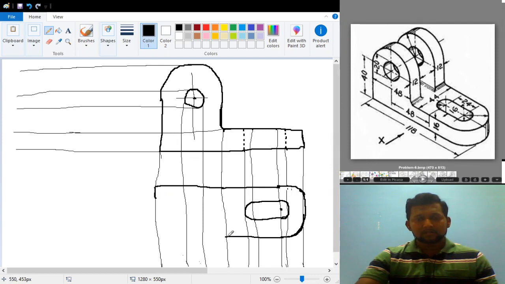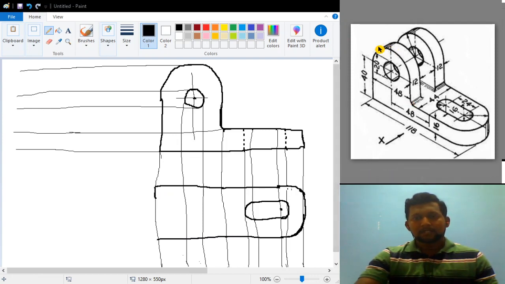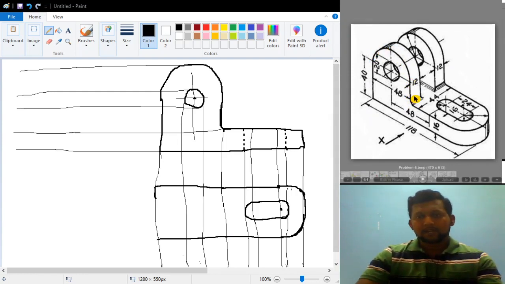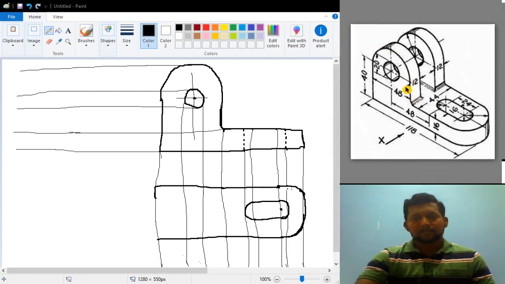And from here also, this line which I have drawn is nothing but the front portion curve. So I have just drawn a vertical line, and after that another 12 mm. Okay, and what I have to do is draw this rectangular block till this particular point.